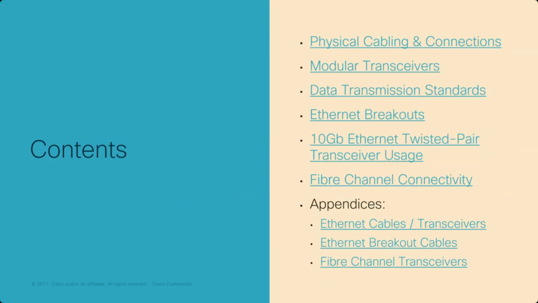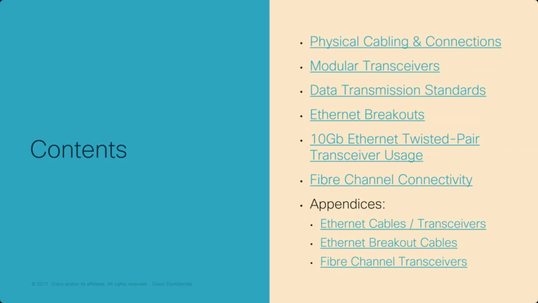All right, so a little bit about what we're going to be talking about today. I will provide a copy of this deck to Jason to give to any of the people who registered for this session, so we'll be able to get this deck out to you for reference purposes. There are some appendices with tables regarding different transceivers that are available, breakout cables and such. In the sections we'll be covering in the talk today, we'll be talking about the physical cabling and connections. We'll talk about how the modular transceivers function, how we transmit data over fiber optic cables and copper cables using specific standards.